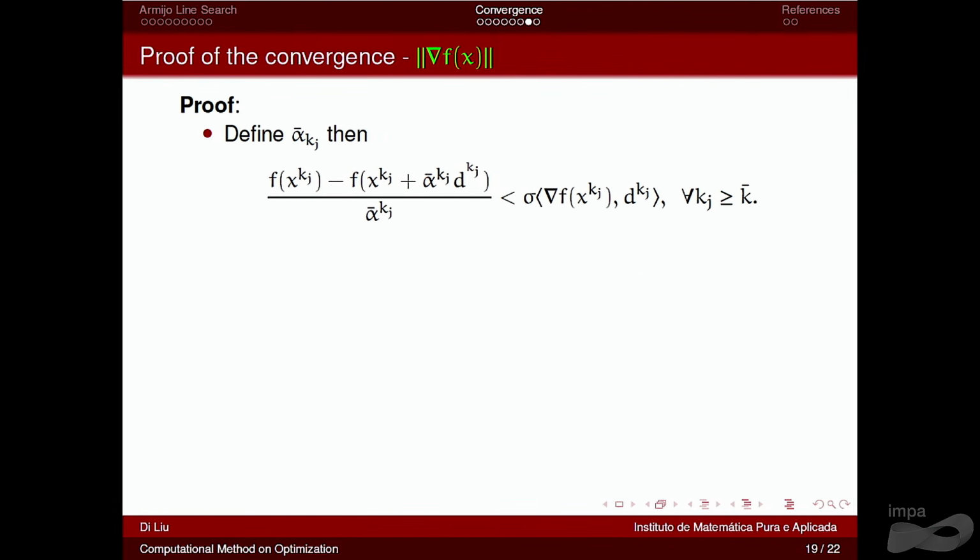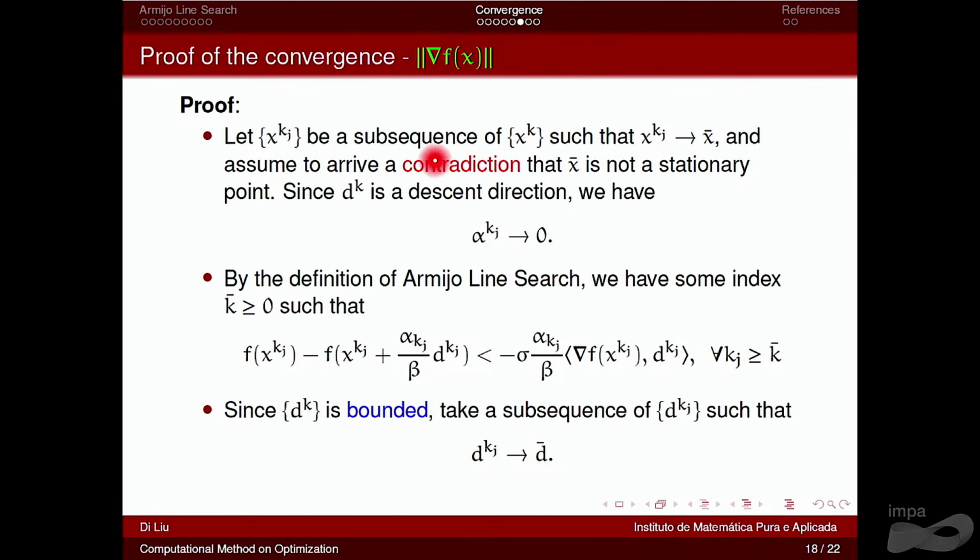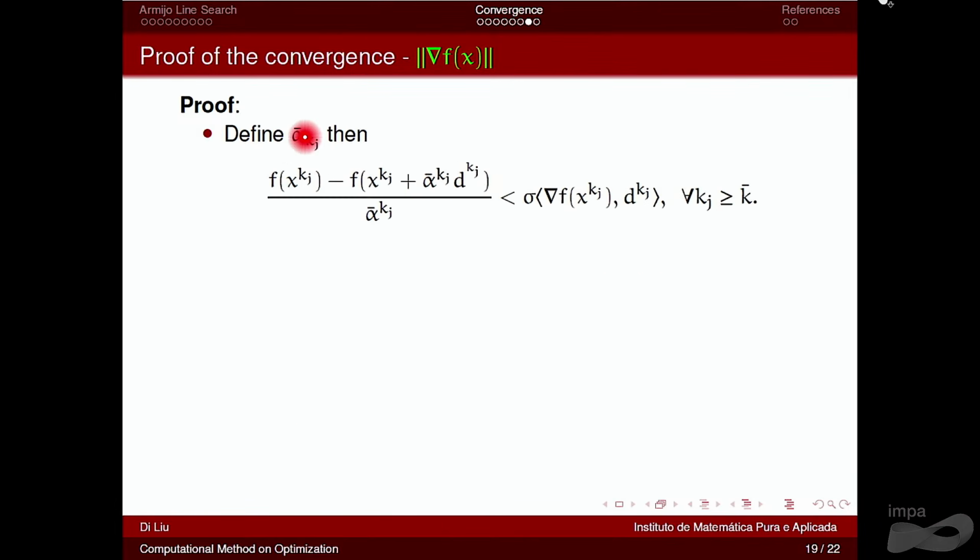Then we define alpha bar_{k_j} just equal to alpha_{k_j} over beta. So we have the same inequality but with alpha bar_{k_j}, and we divide both sides by alpha bar_{k_j}. So this inequality holds for any k_j greater than k bar.